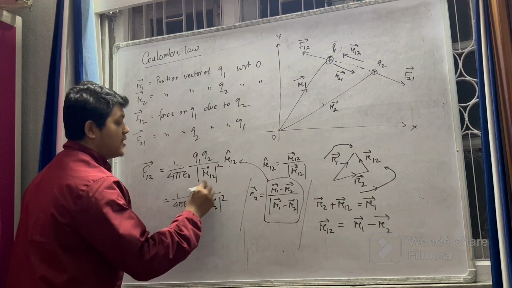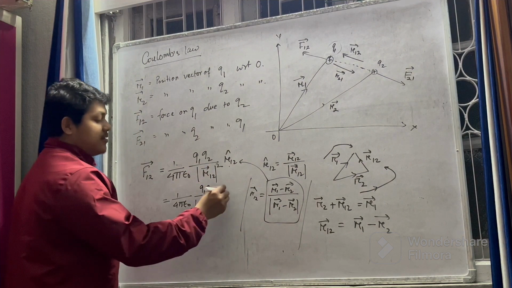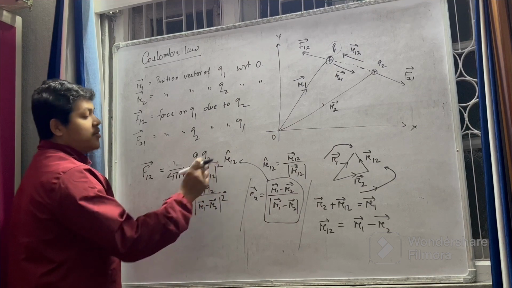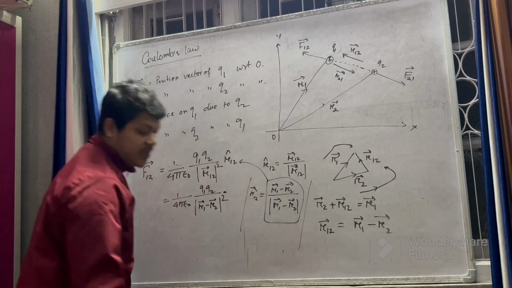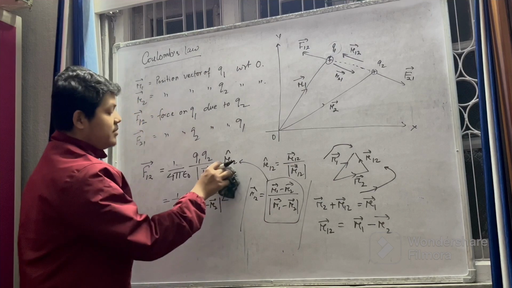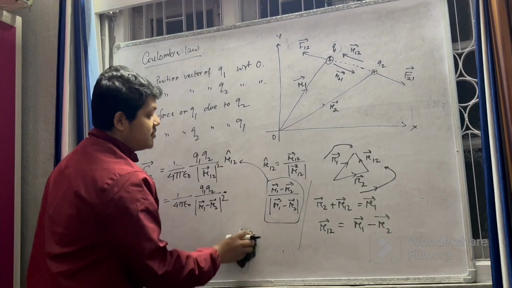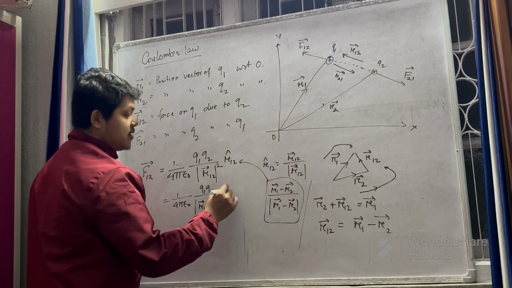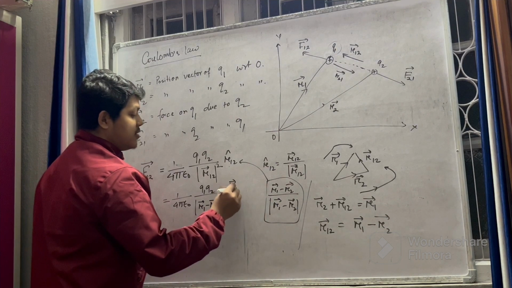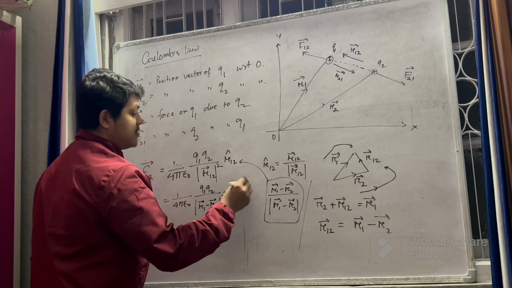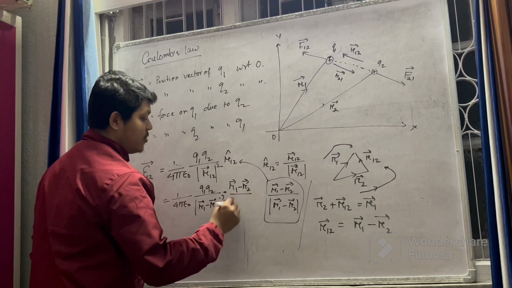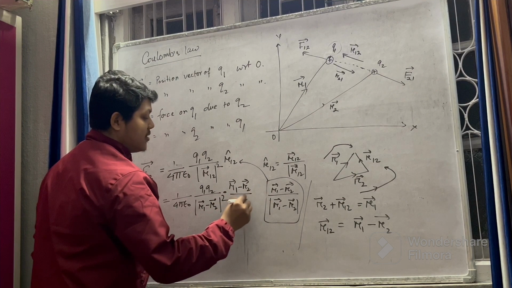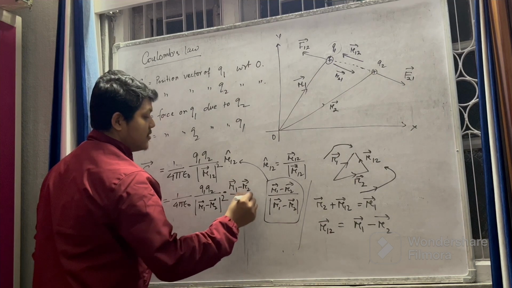So here it is Q1, Q2, right? Then this R12 is replaced by this value. Let me clean this. Now this R12 will be replaced by this value, that means R1 minus R2 vector divided by mod of R1 vector minus R2 vector, right?